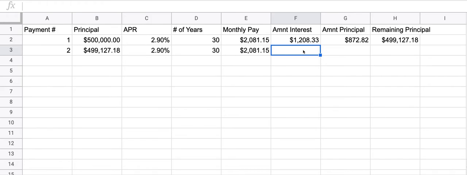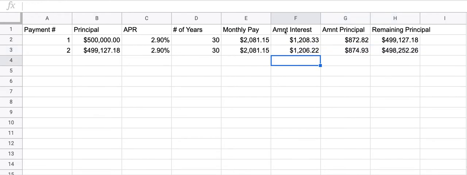All right. The amount of interest, the amount of principal, and the remaining principal, we're going to highlight all 3 of those cells. We're going to copy them. That'd be Control C. And then I'm going to click on this cell right here and do Control V, as in Victor, for paste. Okay.